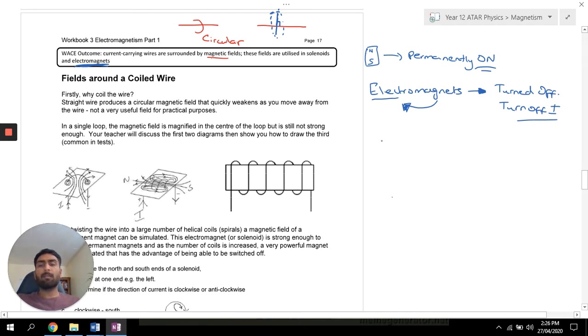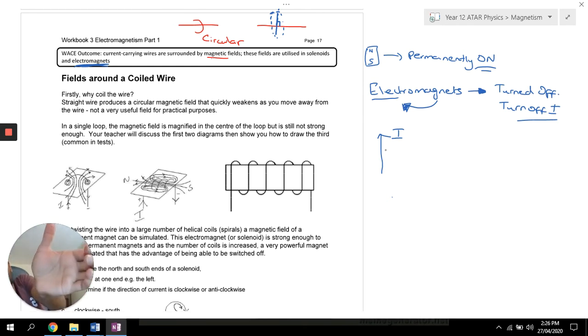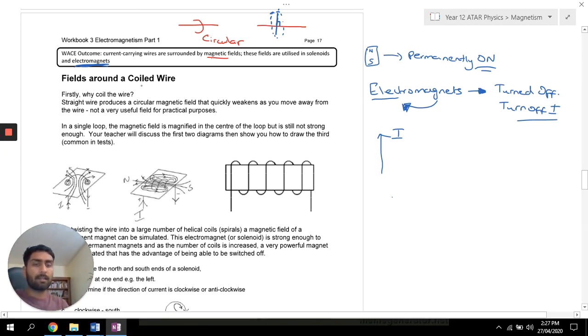So let's have a think about this. If there was a current carrying wire, and this is conventional current, then using a right hand grip rule, my field will be curving around clockwise into and out of the page, which I can draw with dots and crosses.